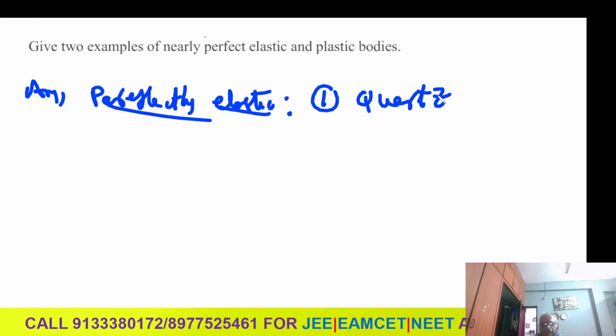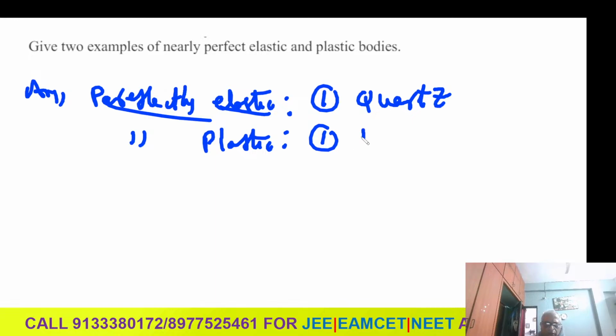Quartz is a perfectly elastic material. Next, perfectly plastic. You can also write a rigid body, quartz fiber, as perfectly elastic.